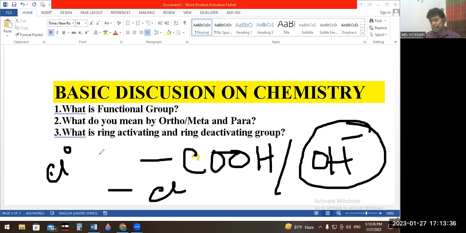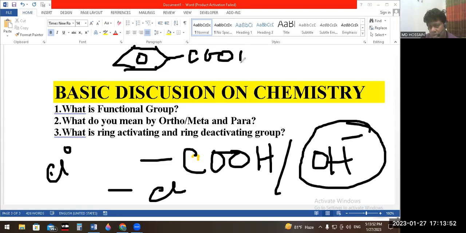We can take an example: this is benzoic acid, this is the benzene ring, and then carboxylic acid, C double O H. Then we take another molecule, methyl benzene.